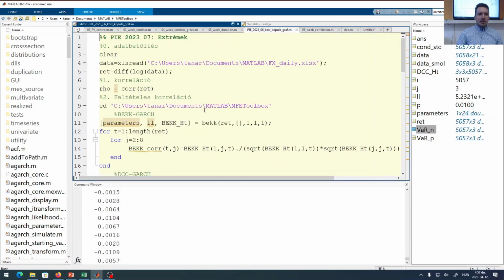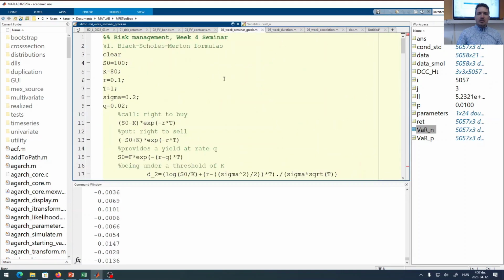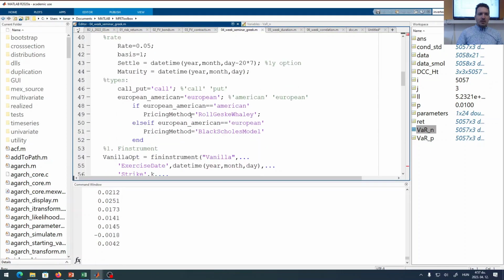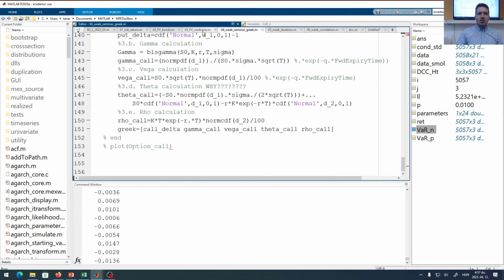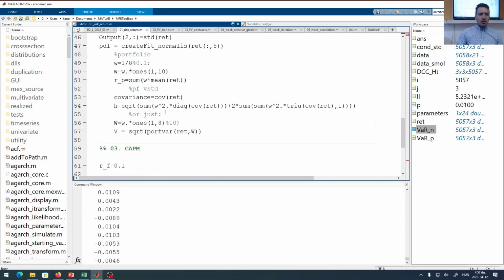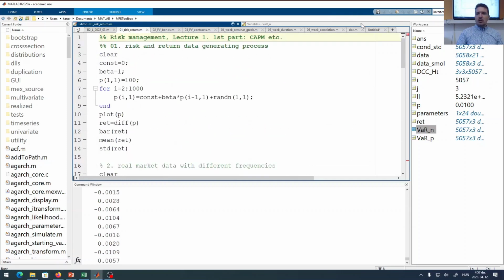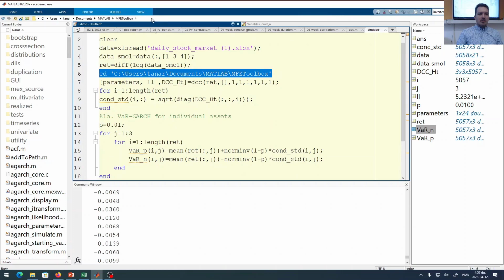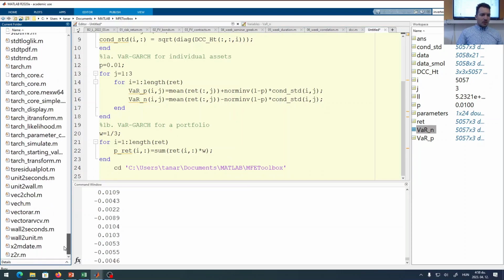No, not that one. Until then, I'm looking for some GARCH model. Okay, that was not efficient. So we are looking for the tool function.